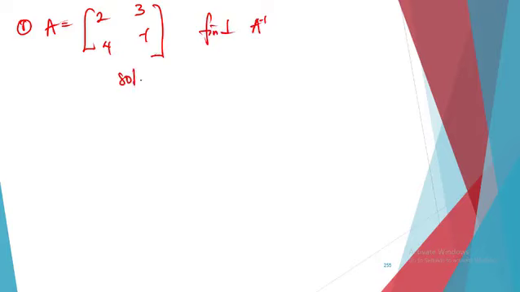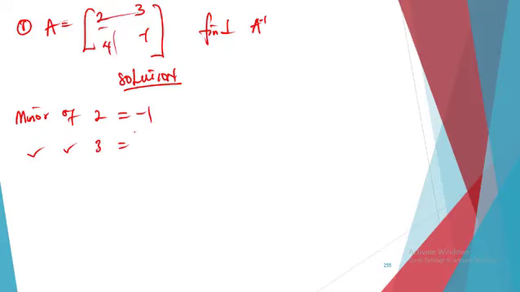Let us start. The first thing we need to do is to find the minor. Minor of 2 is equal to, cancelling this row and column, minus 1. Minor of 3 is equal to 4.